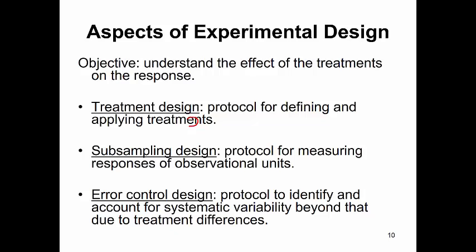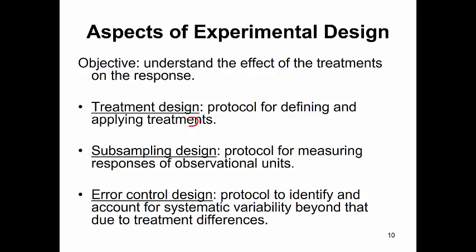A subsampling design is a protocol for measuring responses of observational units. So maybe not by the end of this lecture, but in the next couple lectures, and later on in the semester we'll have an entire lecture on subsampling, but it allows you to see multiple observations in your study. So that's a different type of experimental design. And then there's error control designs. And for the error control designs, that's where we're going to focus our study.